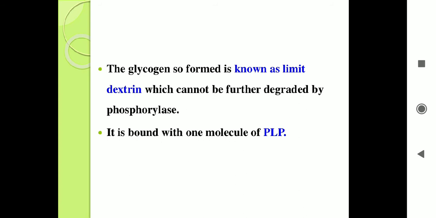I'll explain it in more detail when the pathway comes. Means this intermediate formed in the pathway, the limit dextrin, cannot be degraded by the phosphorylase enzyme. Okay, so it is bound with one molecule of PLP.